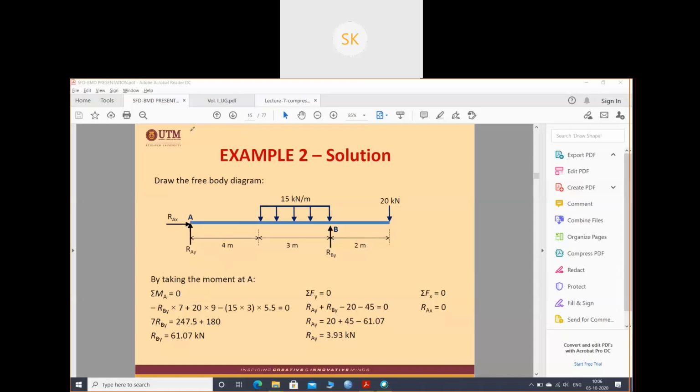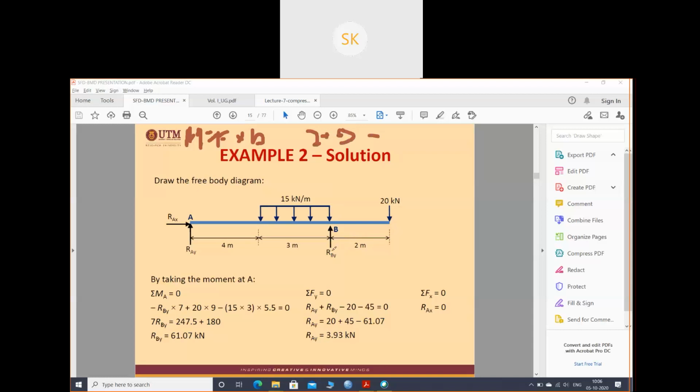And you know, to find the moment you have a formula, force into distance, right? So this one will be one force, RBY, into this distance. This one is giving us anti-clockwise moment. I'm taking anti-clockwise moment as negative and clockwise moment as positive.